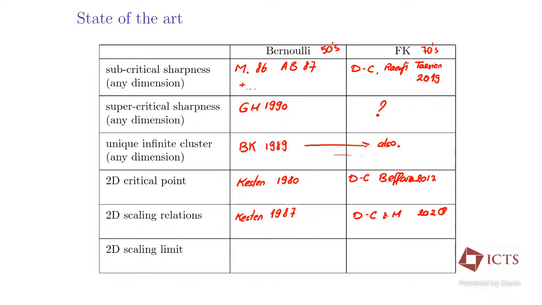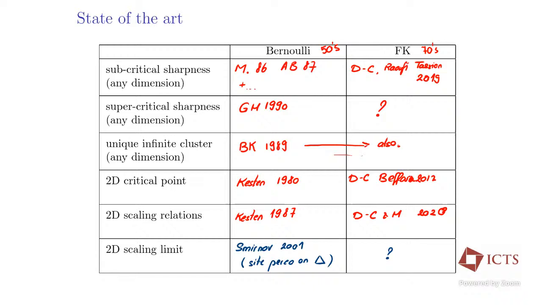I'll put here Smirnov 2001 for Bernoulli percolation, but this isn't a very general proof. It works in a very specific setting, namely site percolation on the triangular lattice. And for FK percolation in general, this is not at all known.